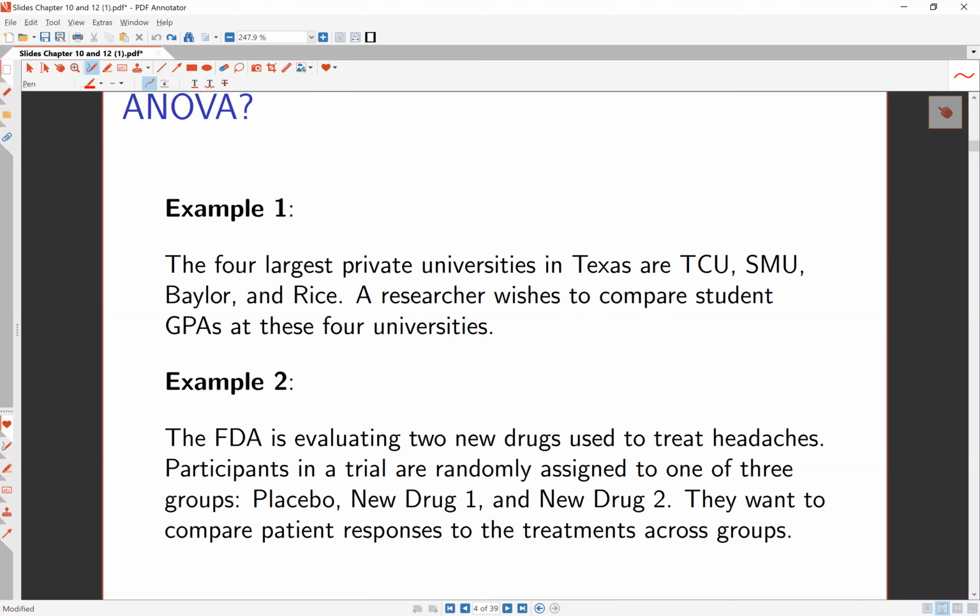So here, the ANOVA procedure looks at data in multiple groups, where two groups are defined by the new drugs that have been developed that people are taking, and a third group corresponds to the placebo. But in each case, we have multiple populations or multiple groups, and we want to make comparisons across those.